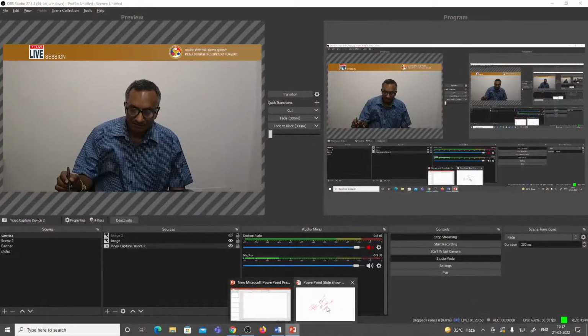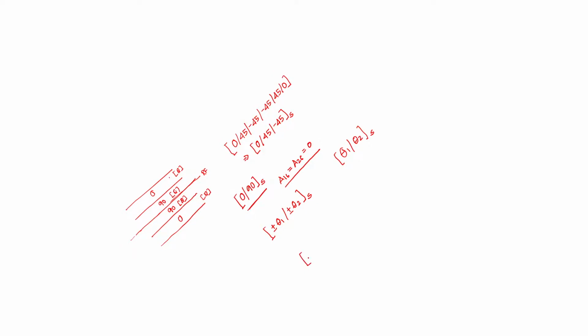Yes, Nalini. 0, 90, 0 is symmetric. Please go back to this. 0, 90, 0 is symmetric. Now, it's actually a 3-layer laminate. It's a good question, why? The reference plane actually passes through the center of this 90 layer.